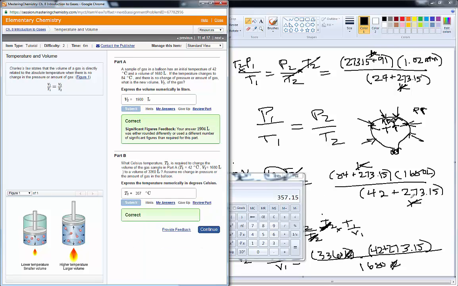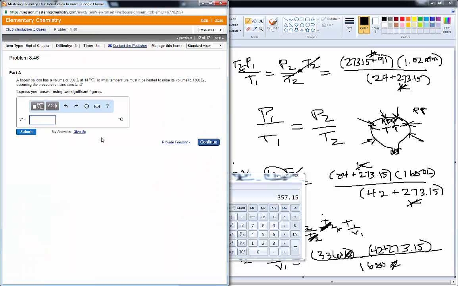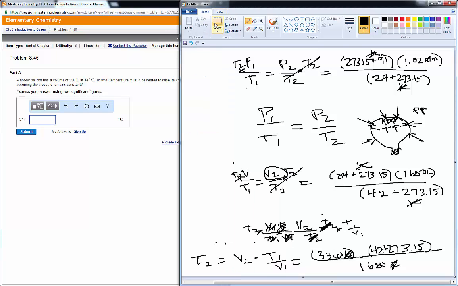Okay. Note that I'm always including the whole number, 273.15, even though I know I'm going to round at the end. But it's always best to include as many digits as possible until you get to the end, and that's when you round it.